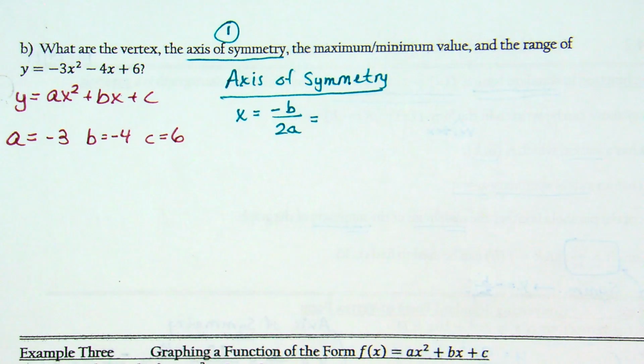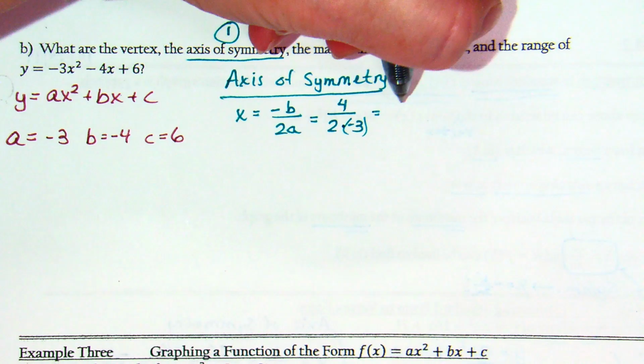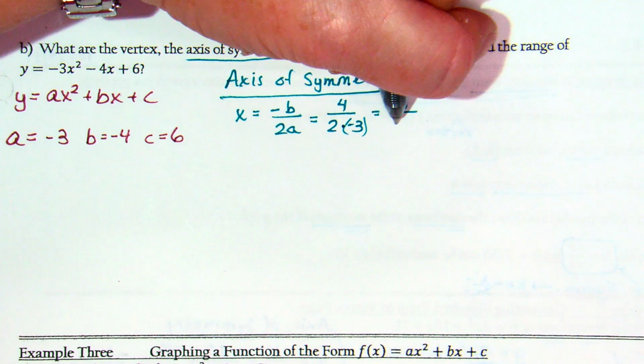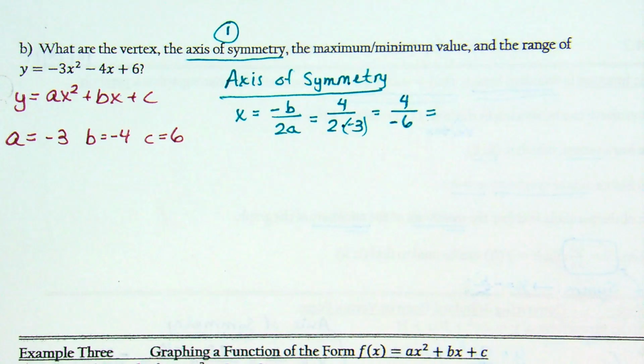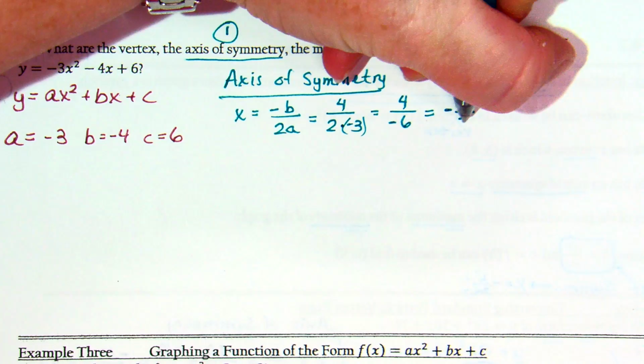Negative b, what's that mean? That means it's going to be positive 4 over 2 times a, which is negative 3. 4 over negative 6. What do you guys know about 4 over negative 6? Negative 2/3.